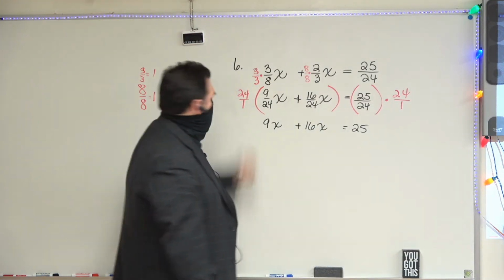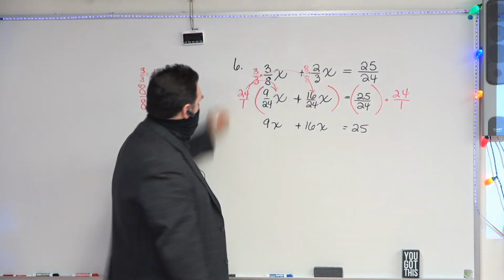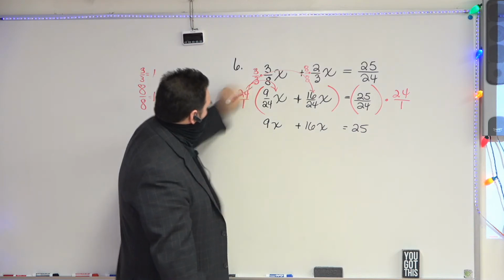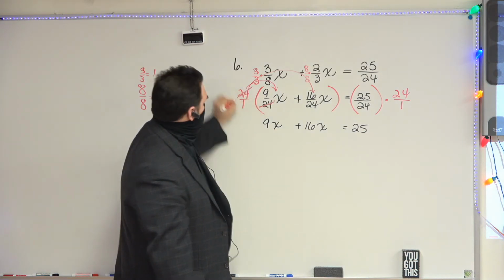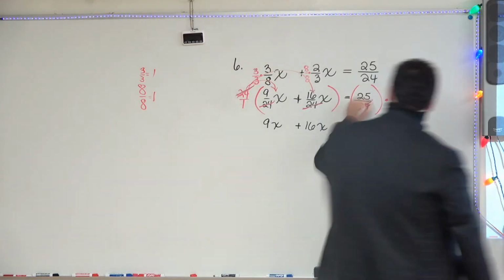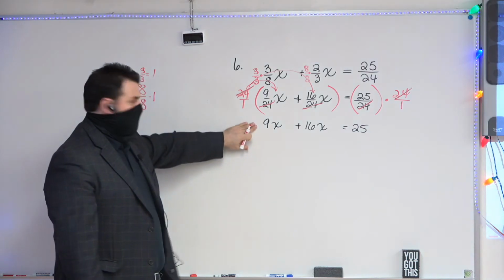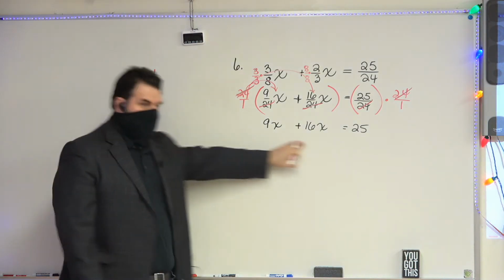And look what happens. So remember, this is the distributive property. So what happens is I cancel the 24 here, and I cancel the 24 here. Over here, I cancel the 24s. And this is the simplified result. Now, this is much easier to deal with.